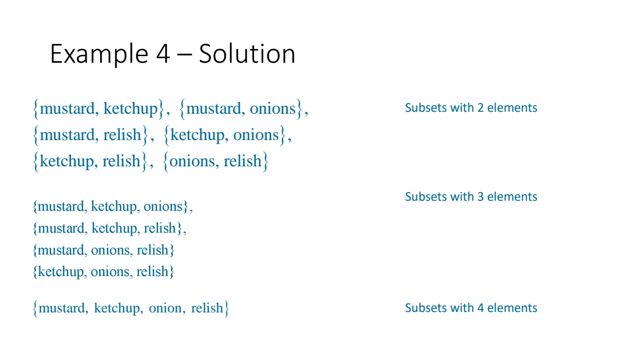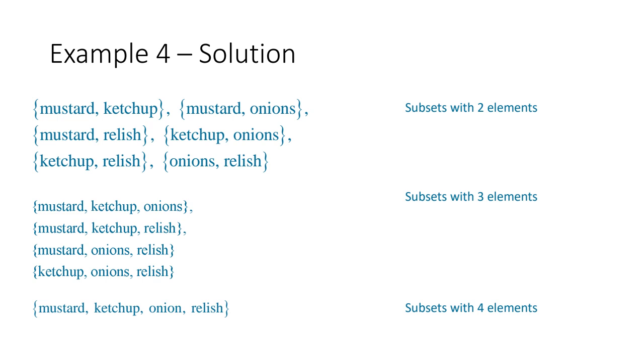All of the combinations displayed: mustard and ketchup, mustard and onions, mustard and relish, ketchup and onions, ketchup and relish, and onions and relish. Notice that if you change the order, it's the same set because you're using the same ingredients. If you were to write down relish first and then onions, it's already been listed. So these are all of the different subsets that you can create.